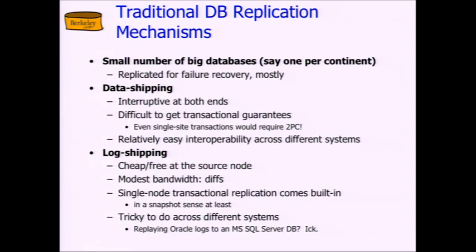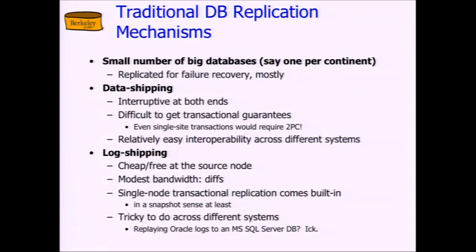Unfortunately, this is really hard to do across systems. If you're running Postgres over there and I'm running MySQL over here, you've got to write a Postgres log sniffer that translates to a MySQL roll-forward action, and you can just imagine those two open source systems don't have very well documented log APIs. And actually, there are companies that have done this for Oracle and SQL Server and so on. It's really hard.